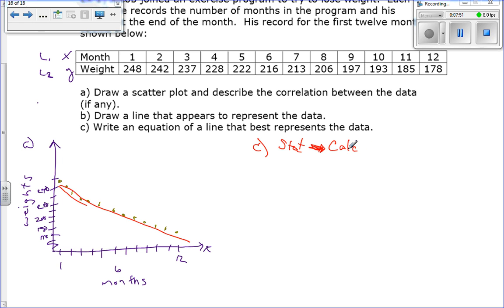And then we want number 4, which is LinReg(ax+b), which means linear regression. And then you want to have L1, L2, comma, Y1.